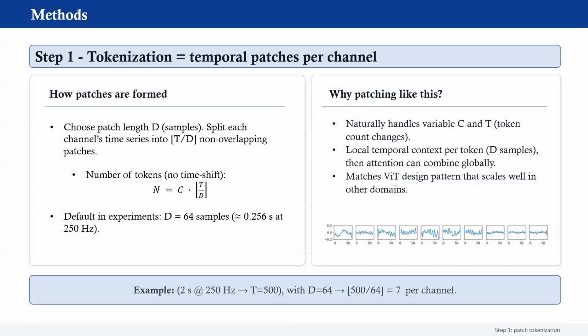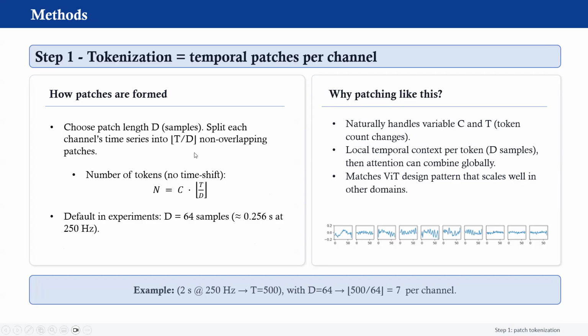For one channel, you want to split the time series for that channel into D-length patches. Essentially, for a signal of length T, you will get T by D samples. And since you have C channels, the total number of tokens will be C times T by D. Okay. And they have picked 64 samples, and at 250 hertz, this comes out to about 0.5 seconds.